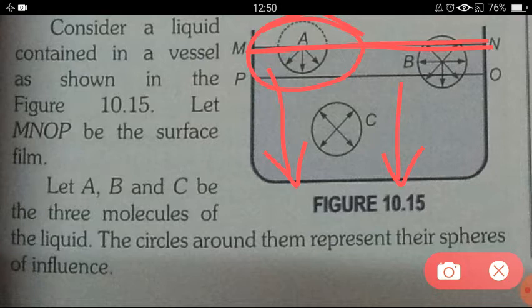We will assume that one molecule is at the bottom and we are moving it in the upward direction. When we move the molecule upward, we are doing some work against the attraction force of molecules present inside the liquid.